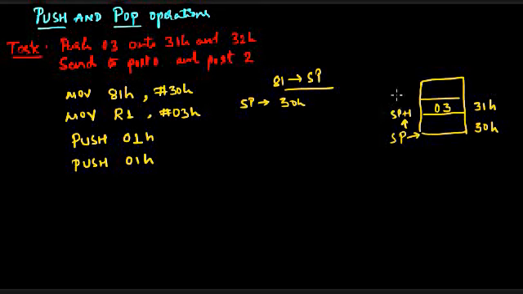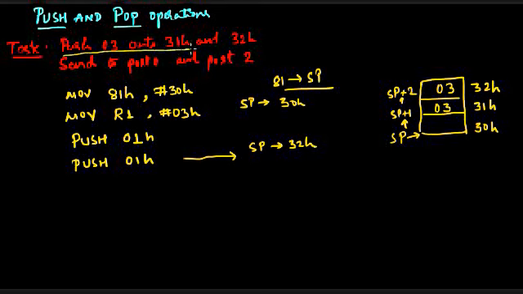So what happens here is SP again gets incremented by 1, and now SP is pointing to 32H, and there it places the data. And after the execution of this instruction, SP is pointing to 32H, and we have done this initial task. We have pushed data 03 onto memory locations 31H and 32H.